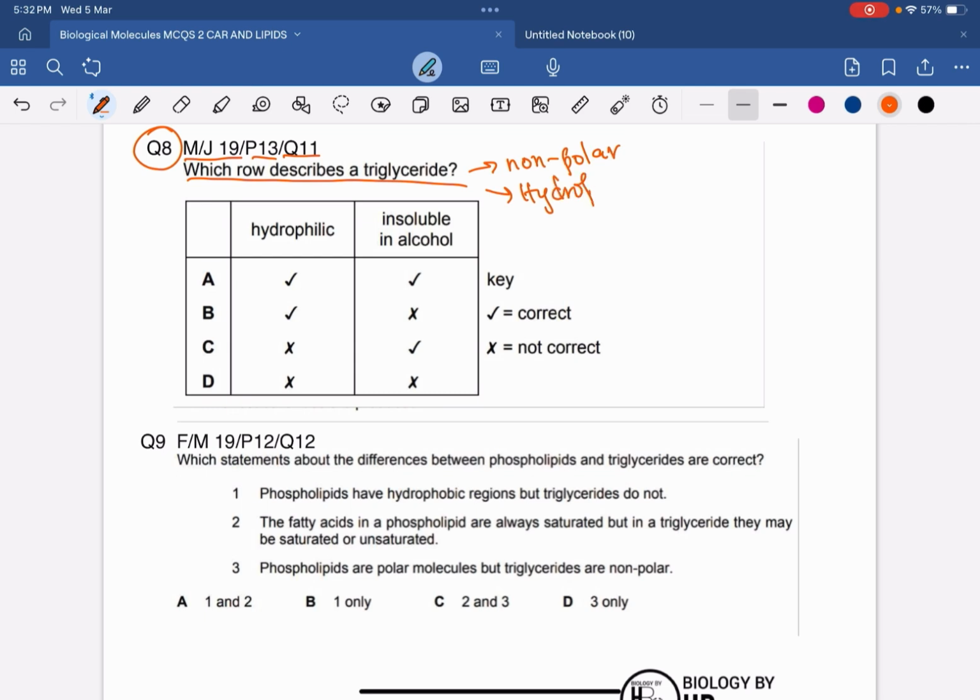Now you have to remember these points to solve the further MCQs as well, because it will come again and again. I already told you guys that the triglycerides are non-polar. If I talk about the alcohol, alcohol can be polar or non-polar depending upon its size, right? For example, if it has a small hydrocarbon chain, the triglyceride can slightly be soluble in the alcohol, right?